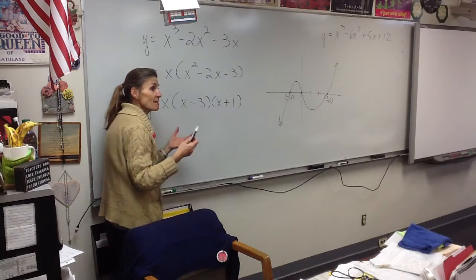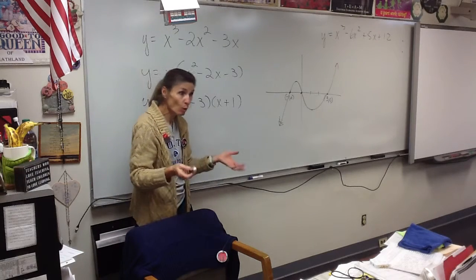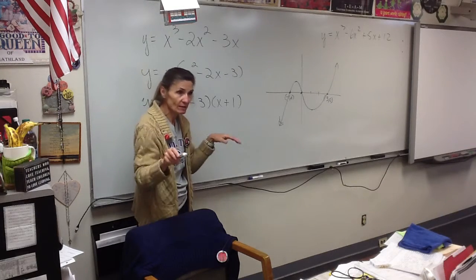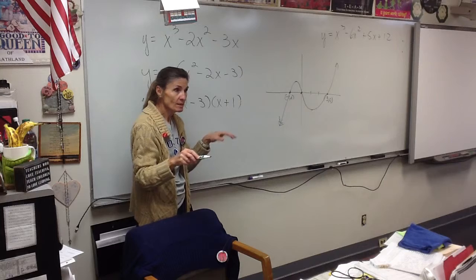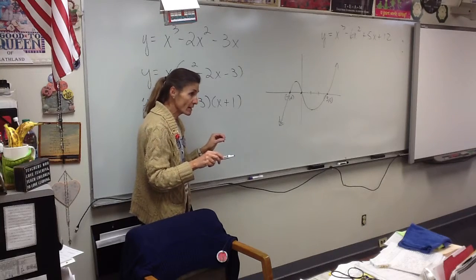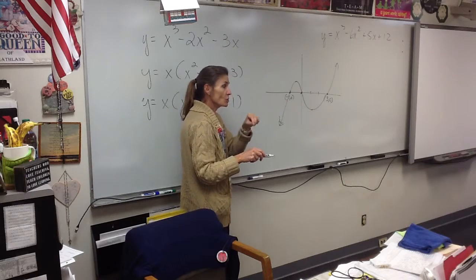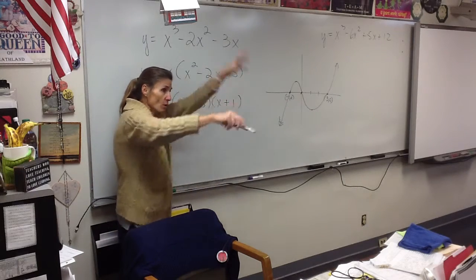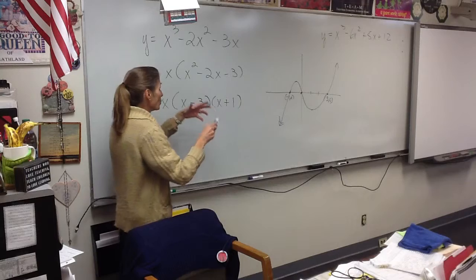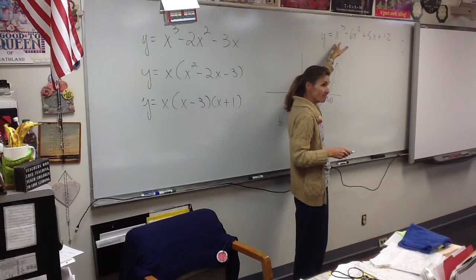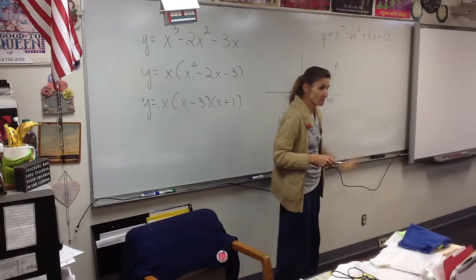If I say 5 is a factor of 20, what does that mean? 5 goes into 20 evenly, no remainder. 6 is not a factor of 20 because when you divide 6 in, you get a remainder. So what the whole group here is saying is we need to find things that when we divide them in, we get no remainder.